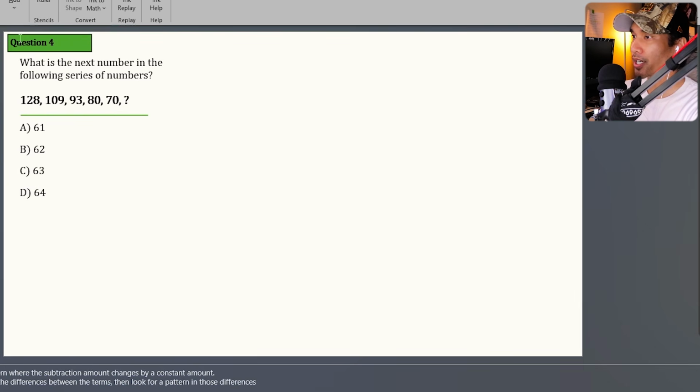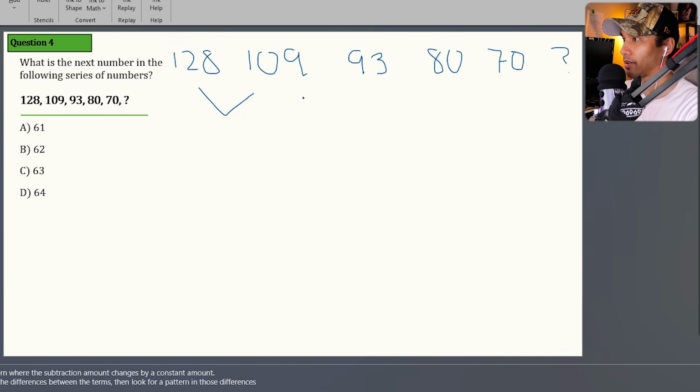Okay, question number 4. What is the next number in the following series of numbers? 128, 109, 93, 80, and 70. What is 128 minus 109? 128, 109.